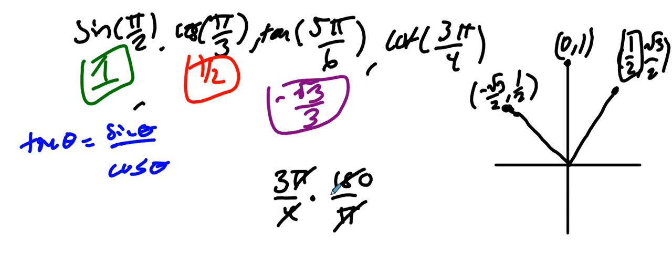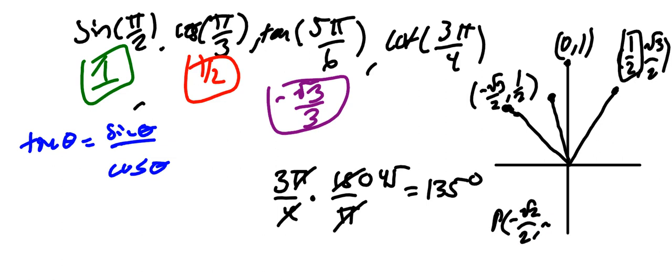It's 45. 45 times 3 is 135, which is actually, in fact, on the unit circle. It's at this point right here, which is at point, let me think, negative square root of 2 over 2, comma, negative square root of 2 over 2.